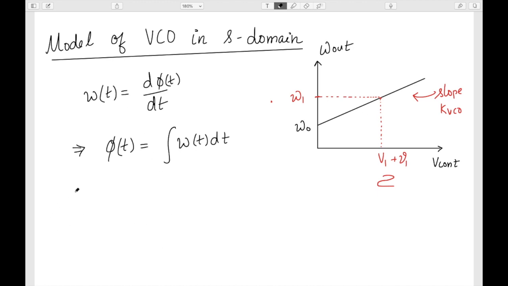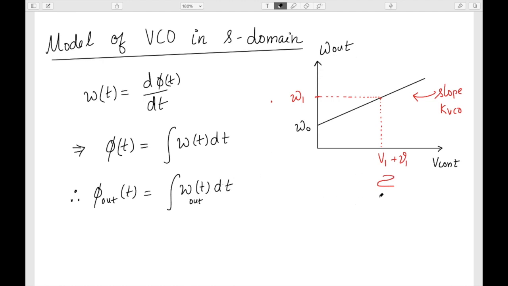Okay, so now of course I can write the phi out, because of the change in omega, as the integration of omega out dt.